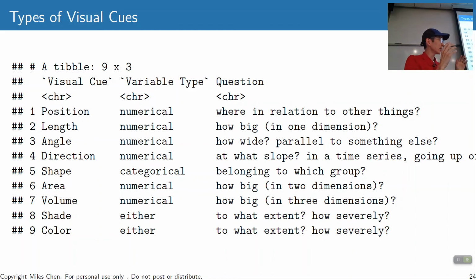And then you also have colors. You can say red circles represent this, and blue squares represent something else, and red squares represent this other thing. There's a whole bunch of visual cues that we can take into account. We'll see some examples and start creating some of these things.